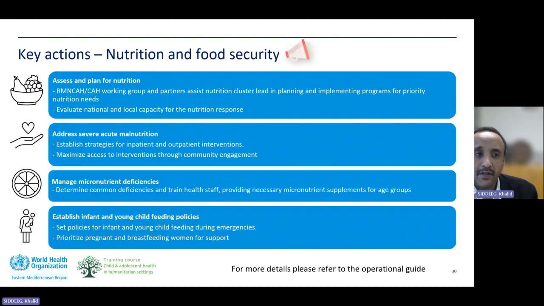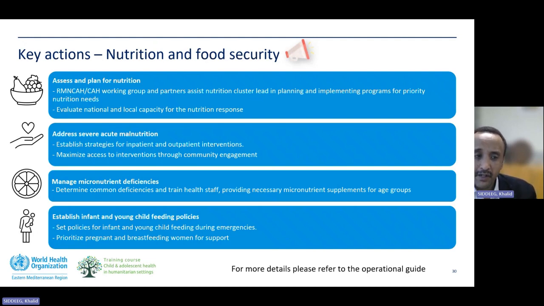These are also the examples of the actions that are set for nutrition and food security. Again, remember here we have another cluster, which is the nutrition cluster we need to work with. So our working group needs to work with the partners and the nutrition cluster to have planning and implementation of nutrition interventions in place.